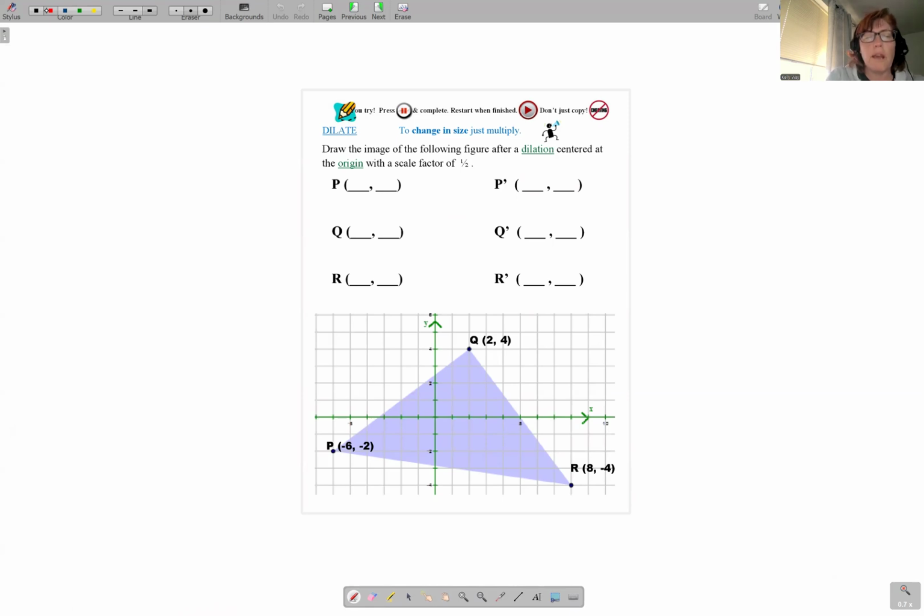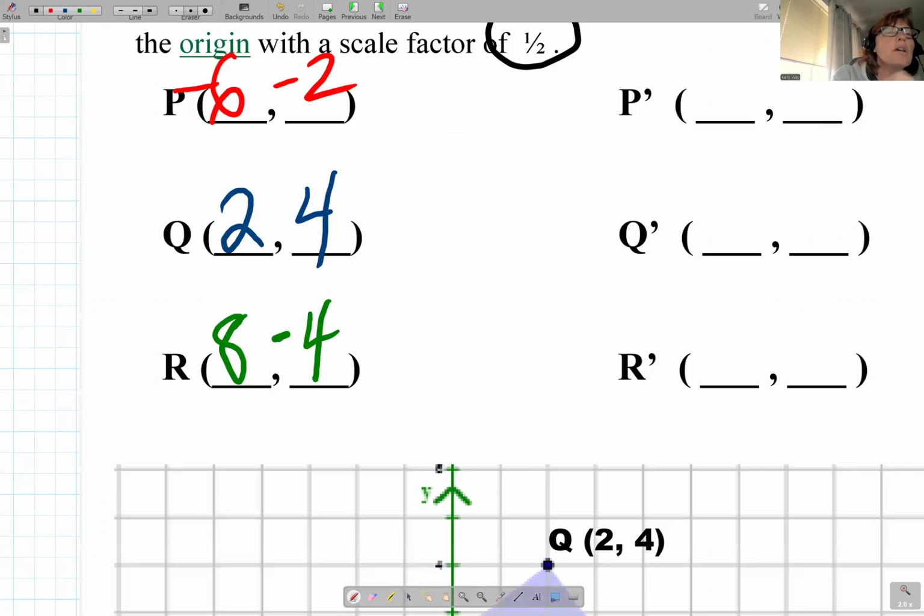So here we have P is at (-6, -2), and Q is at (2, 4), and R is at (8, -4). And we are dilating by 1/2, which means if I just multiply everything by 1/2, you can see multiplying by 1/2 is the same as dividing by 2.